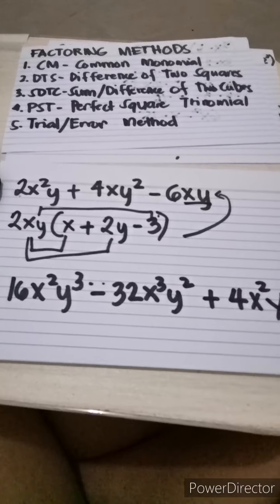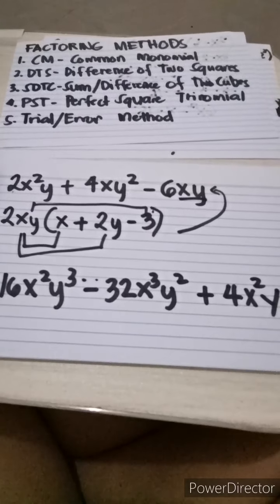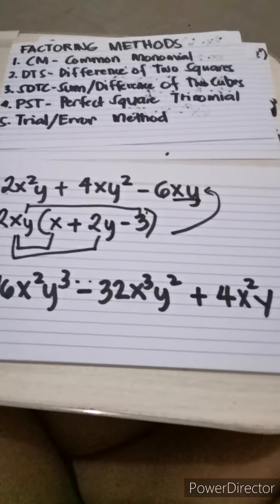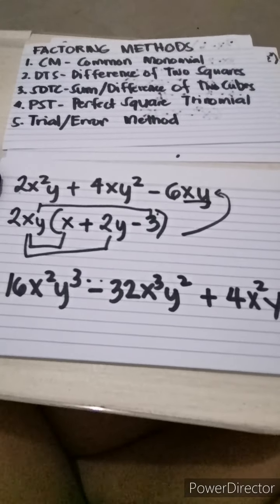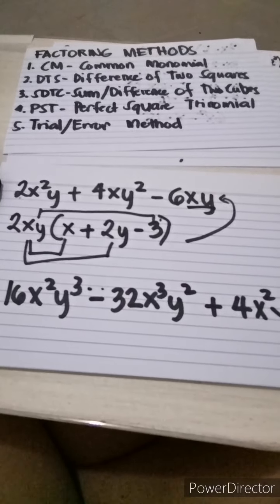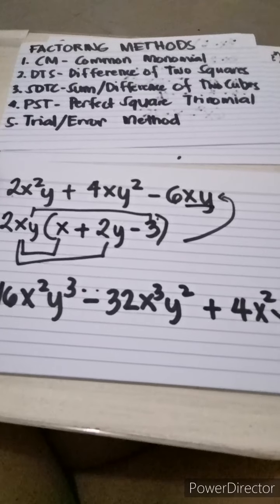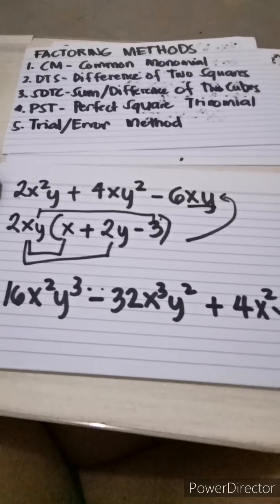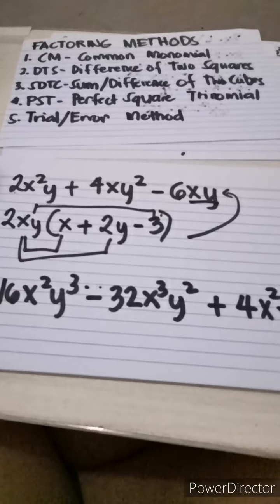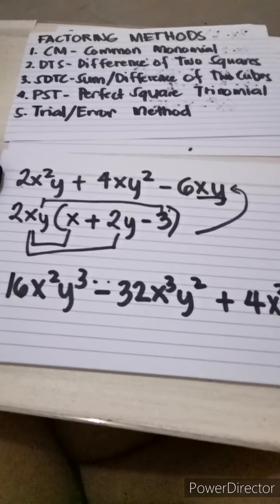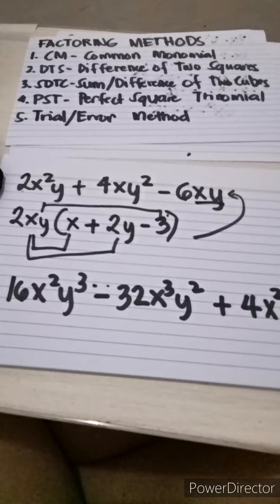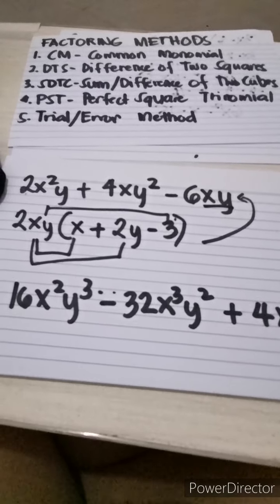Based from the 16, 32, and 4, their common is 4. Greatest common factor ang ating hahanapin, yung ating kukuhaning common monomial na pwede nating i-divide lahat ng nandun sa given natin. Hindi naman pwedeng 16 kasi 4 cannot be divided by 16.